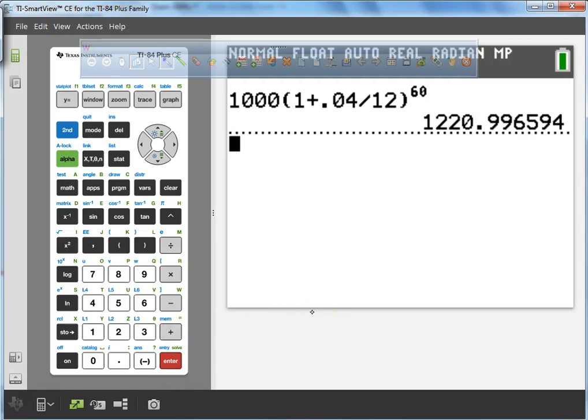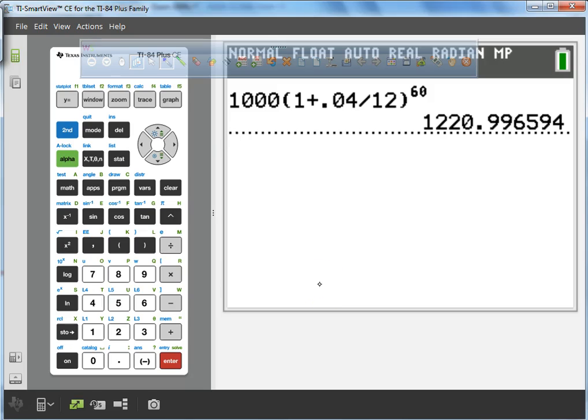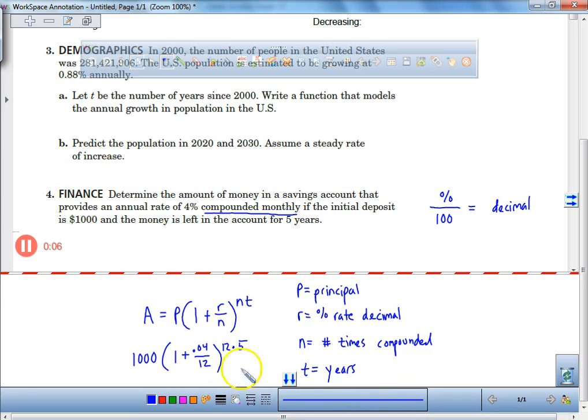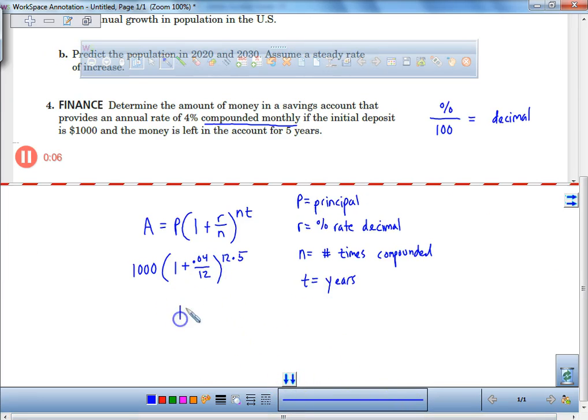So, how much money would we have made if we left it in there for 5 years without doing anything? It just sits there. So our answer would be 1,221. That's how much money would be in the account.